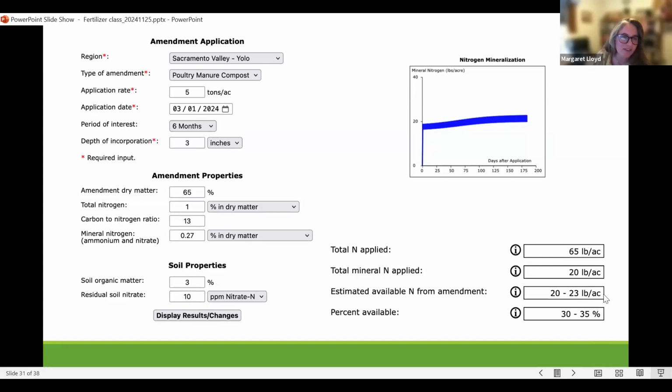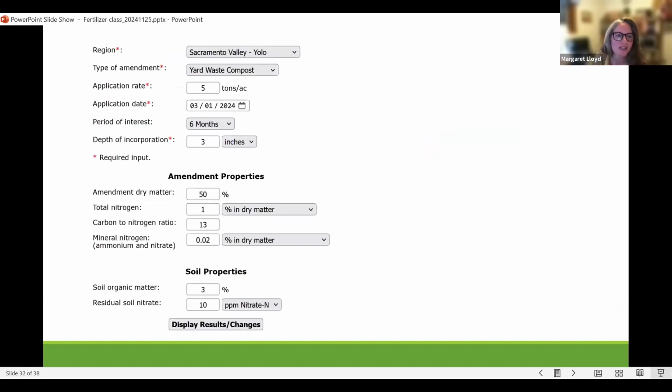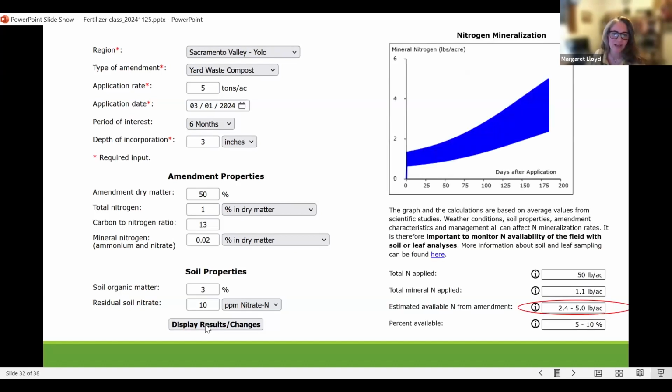So if we keep everything the same, but change the type of amendment to the yard trimmings compost, and that's in the next slide. So it's the yard trimmings compost, also at 5 tons, 6 months time period, added in March. And I also kept that at 1% total nitrogen.